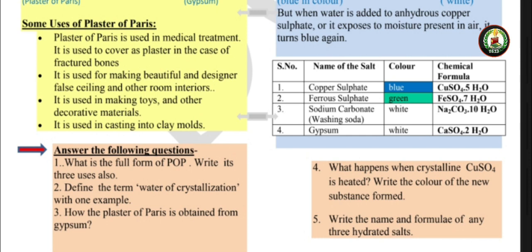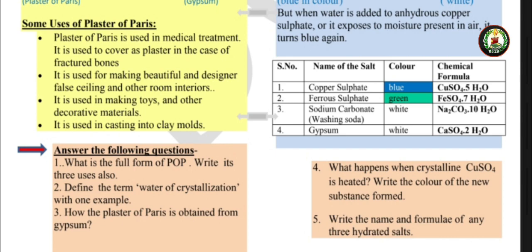So here the water of crystallization is 7. Third one, washing soda, its color is white and the formula is Na2CO3 10H2O. Here the water of crystallization is 10. And for gypsum, the water of crystallization is 2.